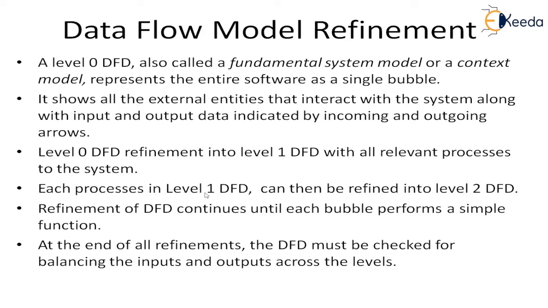Each process in the level 1 DFD can then be refined into a level 2 DFD. So level 2 DFD will contain more detail of each of these major processes. Refinement of the DFD continues until each bubble performs a simple function. At the end of all refinements, the DFD must be checked for balancing the inputs and outputs across the levels.